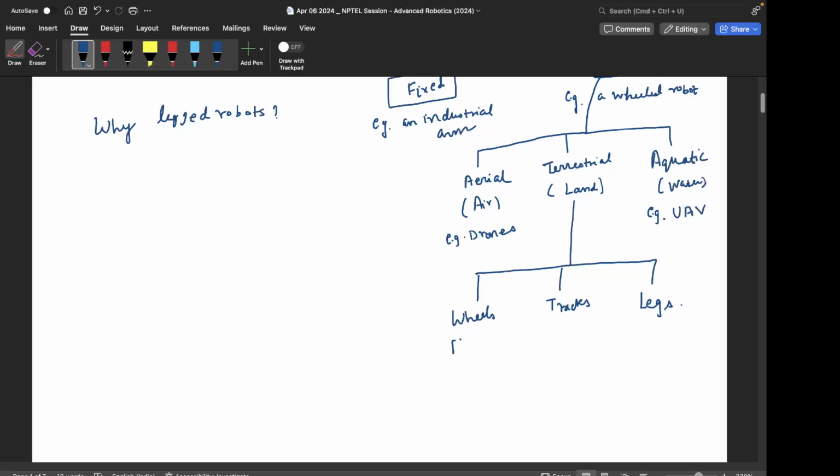So wheeled robots have wheels on them. Tracked robots will have a chain going around, and legs will be there in the legged robots.